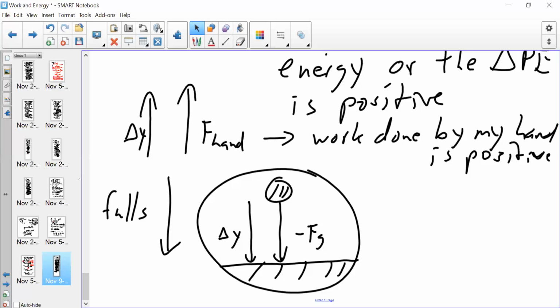We've changed our perspective. Now this will become y final, and this will become y initial, because now we're changing perspective. We're not raising it into the air, we're letting it drop. Now this becomes y initial. Let it go. Y final. This is 0. This is non-zero. So even though the work is positive, that work is equal to a negative change in potential, because 0 minus 5 is going to be a negative number. Got it?